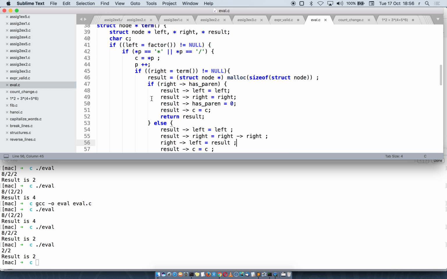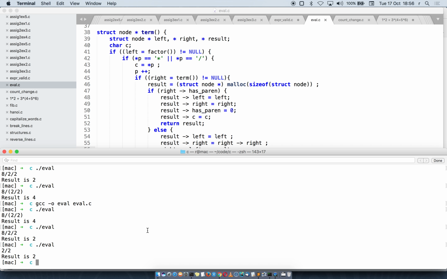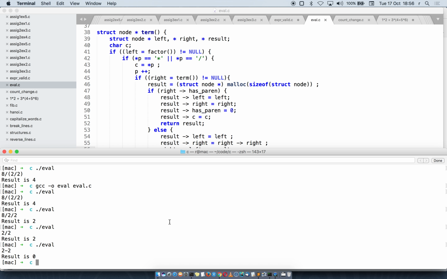So why is 2 divided by 2 equal to 2? 2 minus 2 is 0.